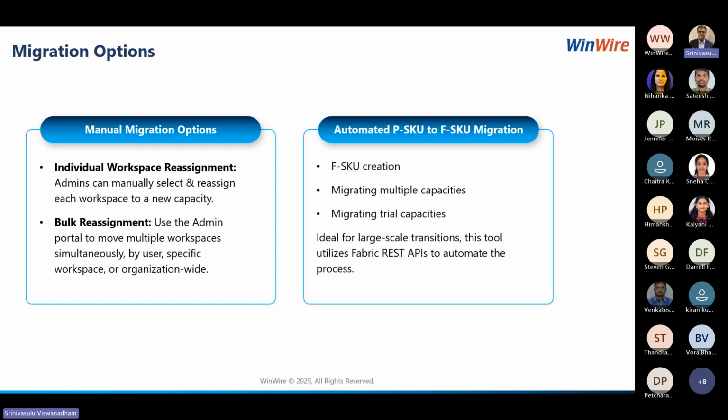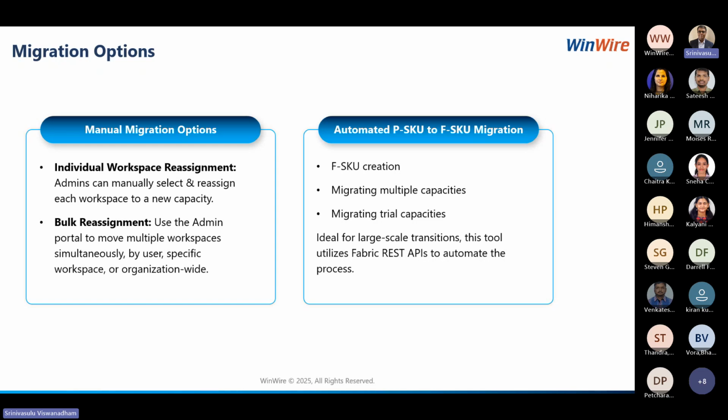The moment you start reassigning, all the artifacts will be pushed to the Fabric capacity itself. Whenever a view happens on top of the report, it will automatically start utilizing the Fabric capacity. That's the manual approach.